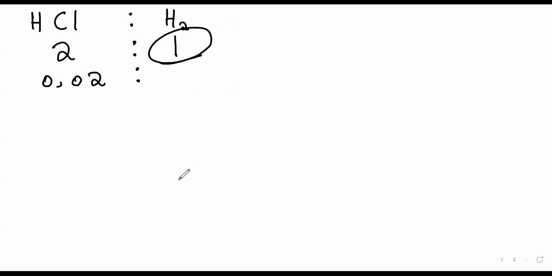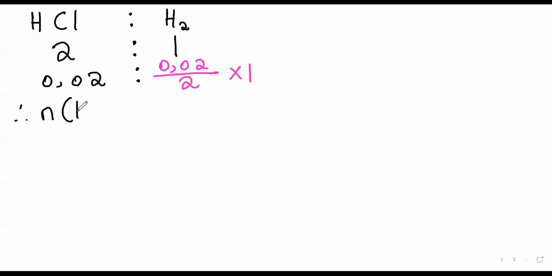So the moles of hydrogen gas will be 0.02 divided by 2 and multiplied by 1. This means the number of moles of hydrogen produced will simply be 0.01 moles.